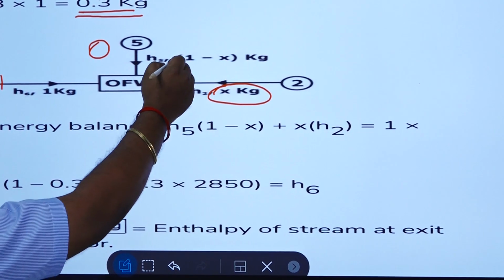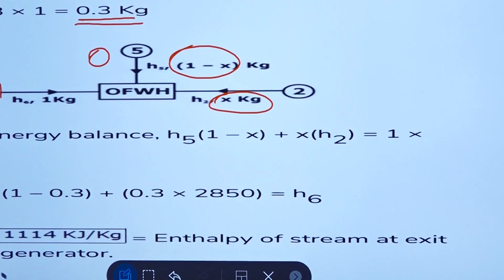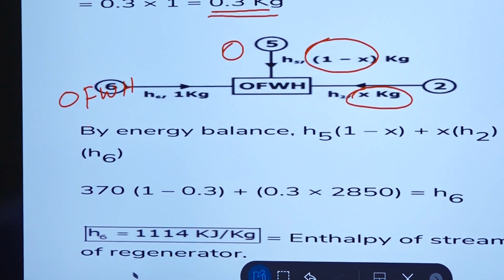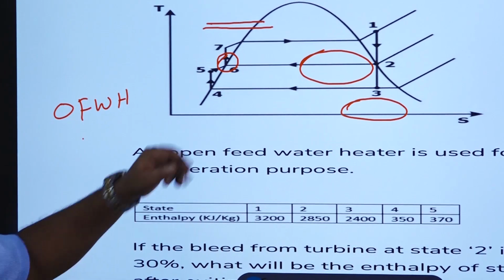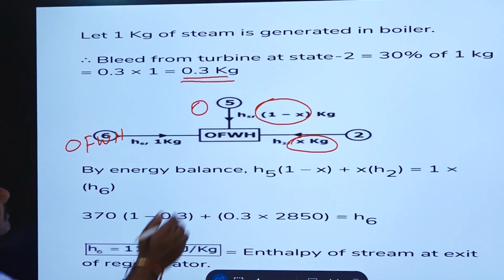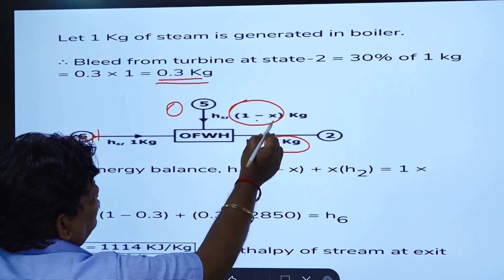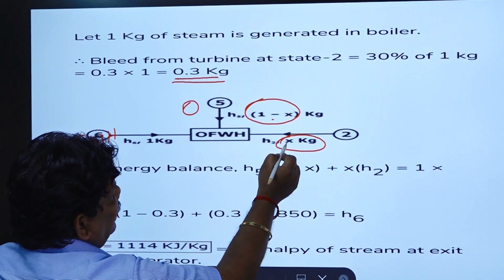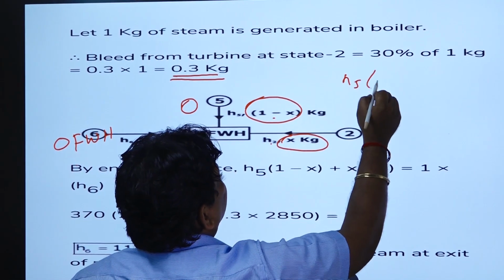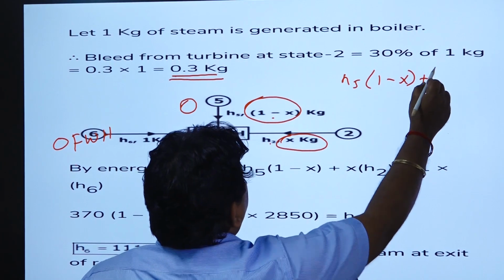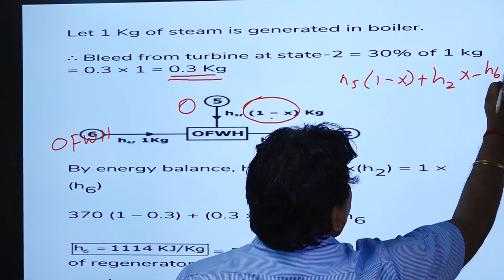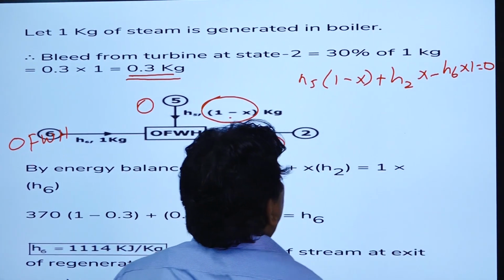Similarly, the remaining becomes 1 minus x kg, and at condition 6 it is 1 kg. By energy balance, H5 into (1 minus x) plus H2 into x minus H6 into 1 is equal to 0.